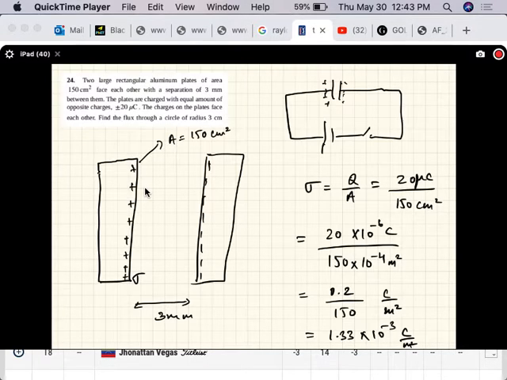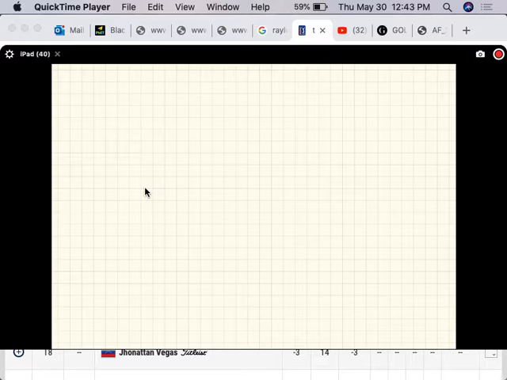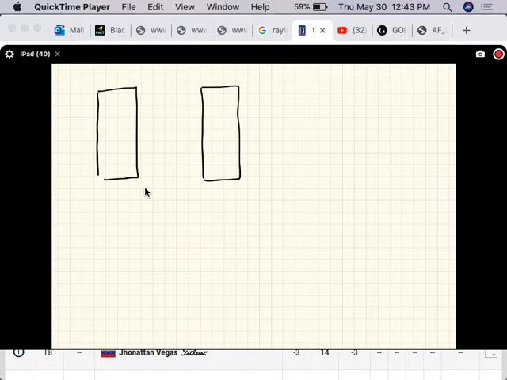All right, now, so here's what happens. Okay, so we have found the surface charge density. I'll do the diagram again here. And this is the positive charges, and I will use the other symbol for the negative charges.